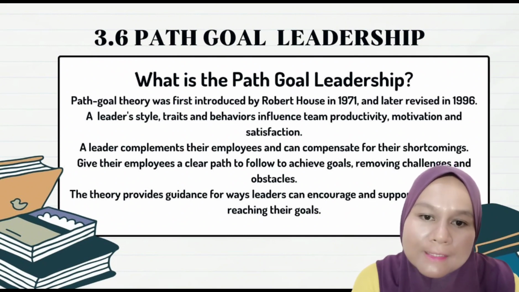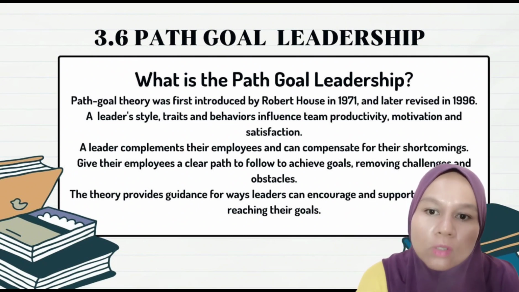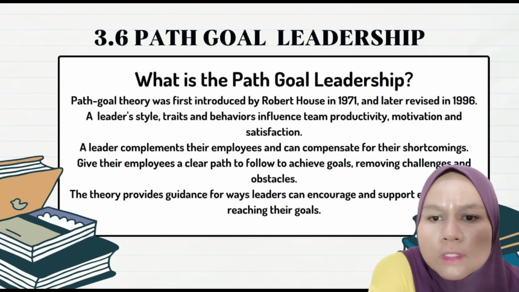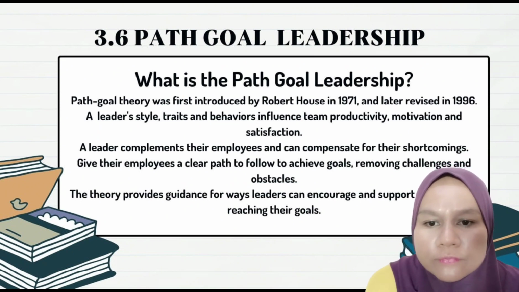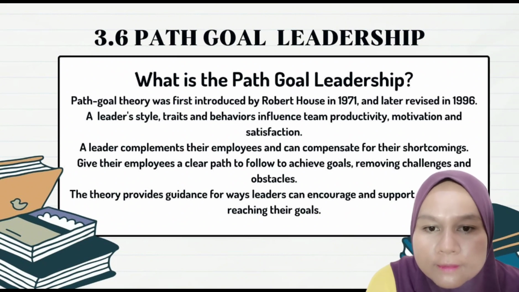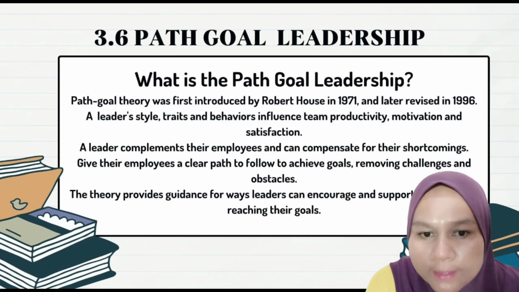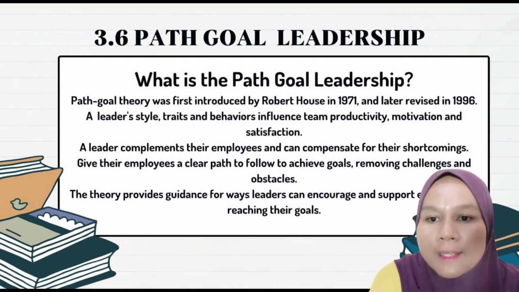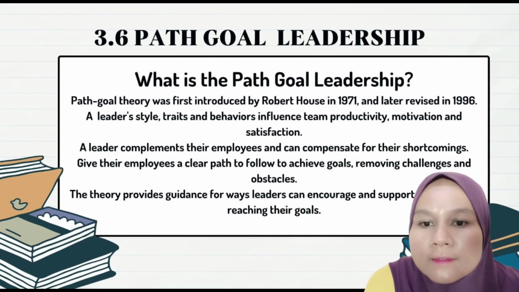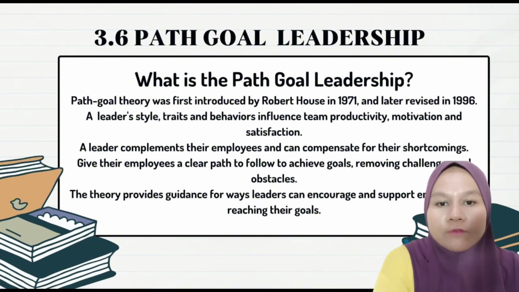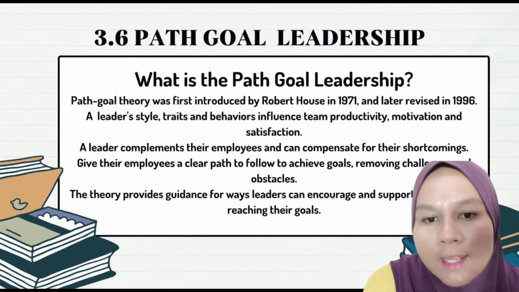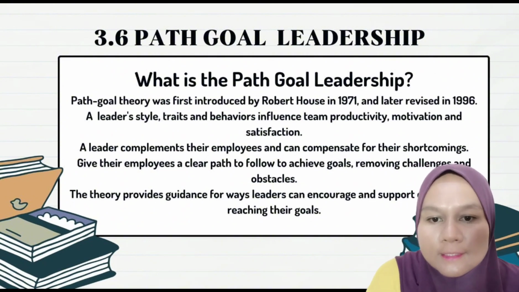What is path-goal leadership? Path-goal leadership theory was first introduced by Robert House in 1971 and later revised in 1996. A leader's style, traits, and behaviors influence team productivity, motivation and satisfaction.